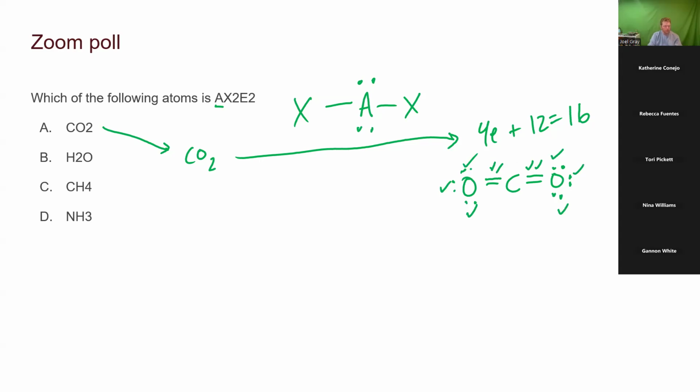Well, I removed my lone pair on my central atom, but I didn't resolve the issue of too many electrons. So now I need to erase on my adjacent atoms, because that double bond is being shared, so those electrons count for both atoms bound to it. So 2, 4, 6, 8, 10, 12, 14, 16. Aha! This is my structure.